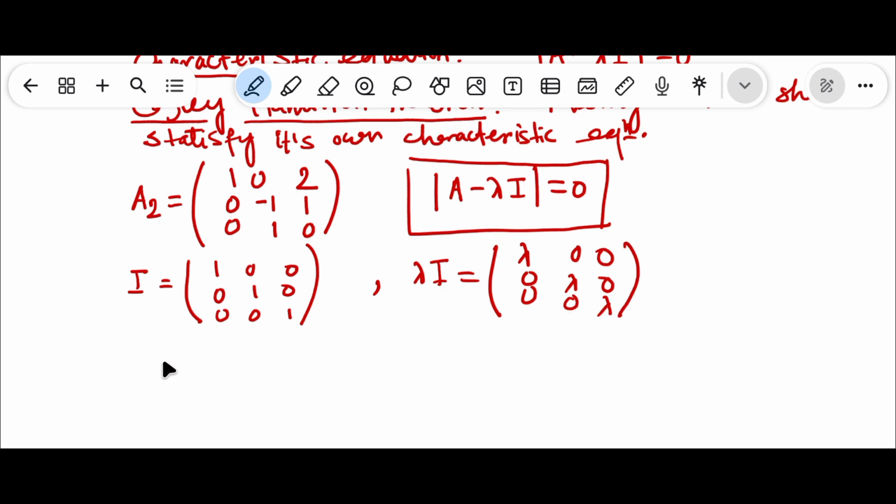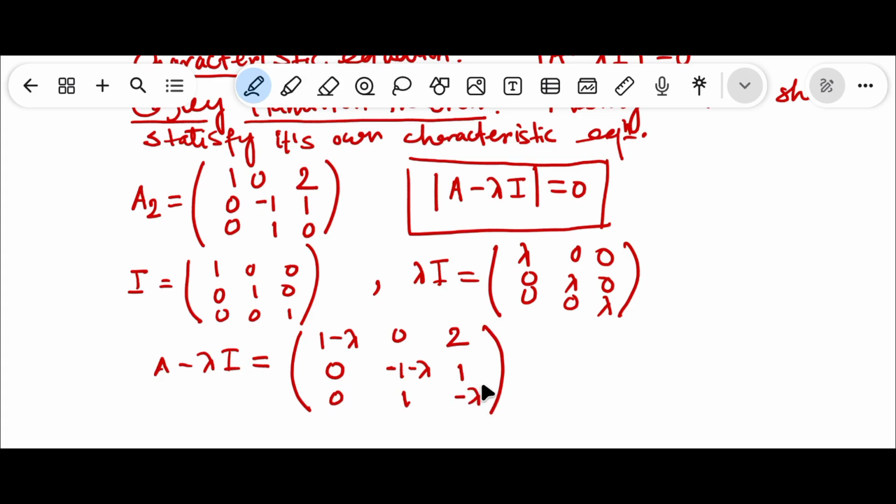That means if I write A minus lambda I, I am subtracting lambda from the diagonal entries only. Therefore, whenever we write A minus lambda I, we will only subtract lambda from the diagonal entries of A. Okay, so therefore we are getting this.